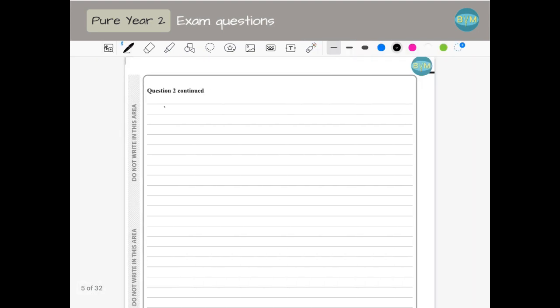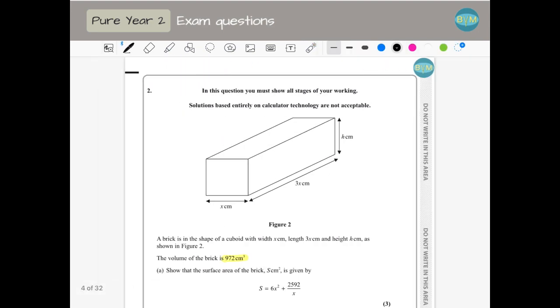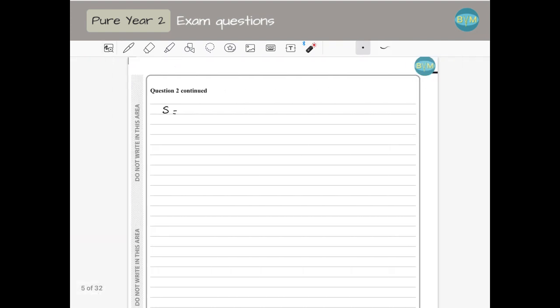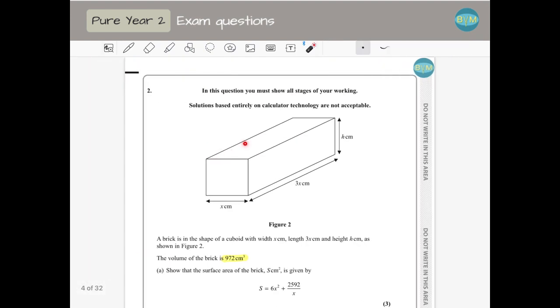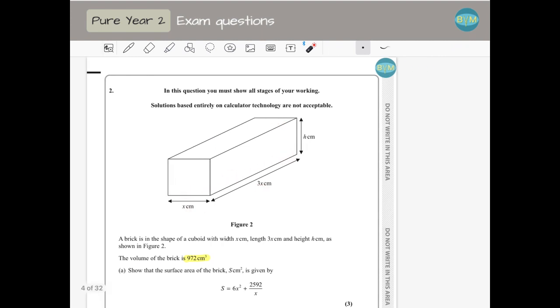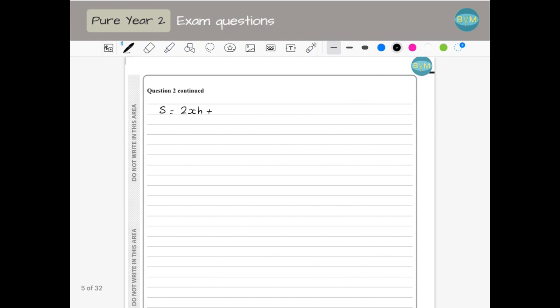So the surface area is going to be, I have two sides that are x by h, so 2 times x by h. Then I have two sides, the top and bottom, that are 3x times x, so 2 times 3x times x.